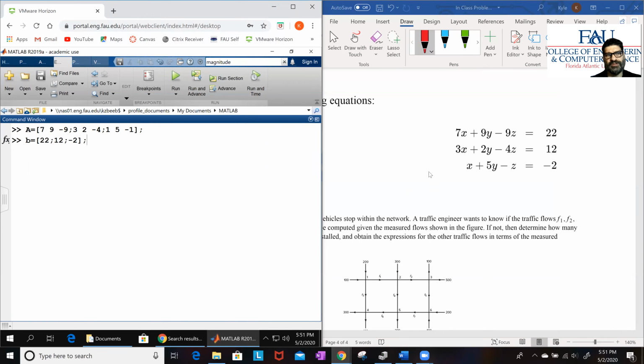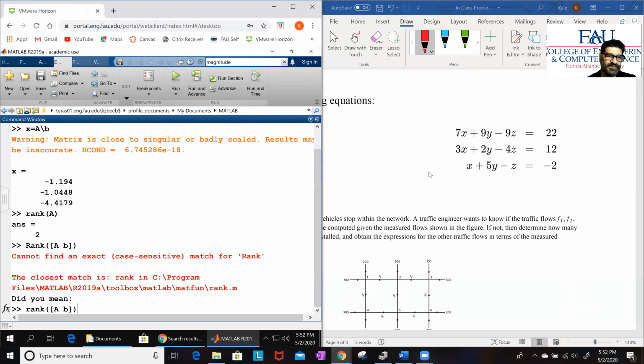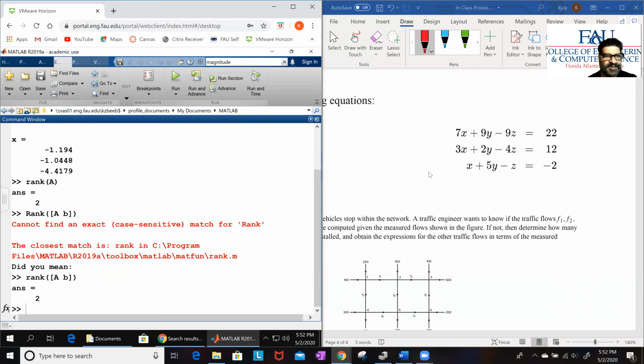So let's do rank A, and see what we have. Rank A is 2, and let's do rank of A and B together. Rank A and B is, in this case, 2 and 2.